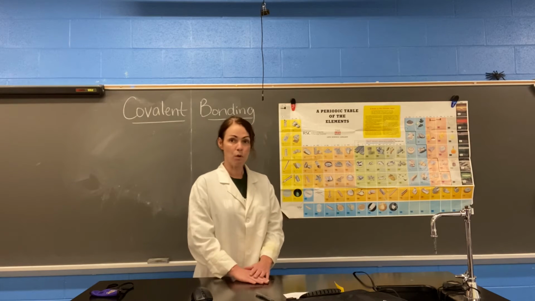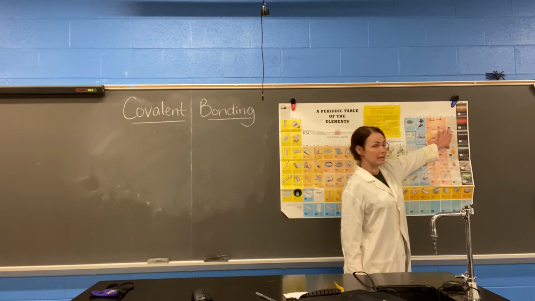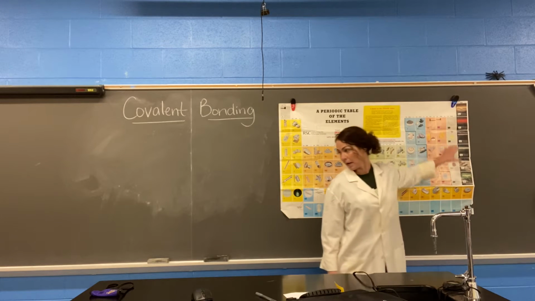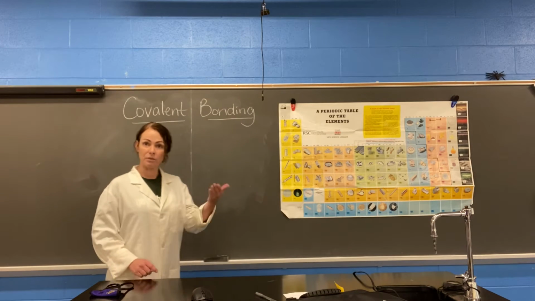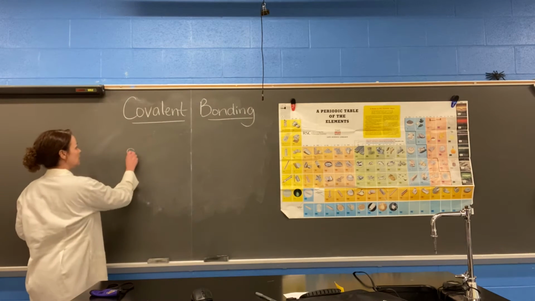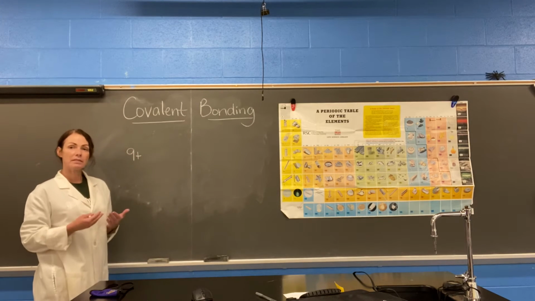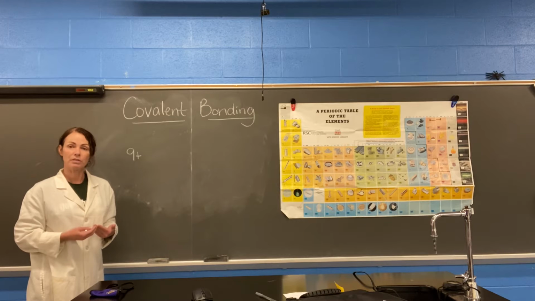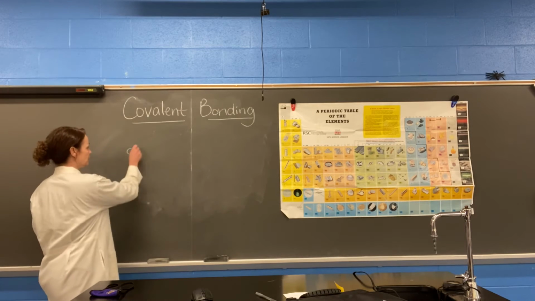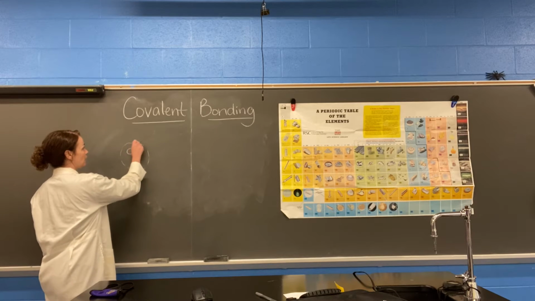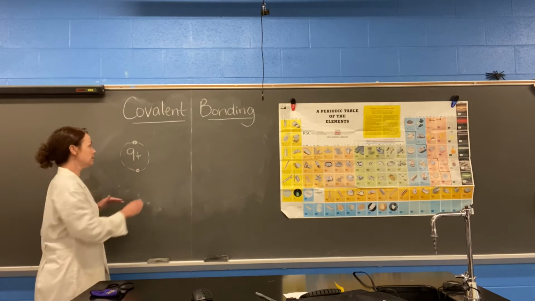First, we're going to use fluorine. Fluorine is number 9. It's one of the halogens on the periodic table. We're going to draw our model of fluorine, number 9, so it has 9 protons, 9 positive charges in the nucleus, but it also, because it's an atom and atoms are neutrally charged, has 9 electrons or 9 negative charges. 2 of those electrons go in the first energy level, according to Niels Bohr.